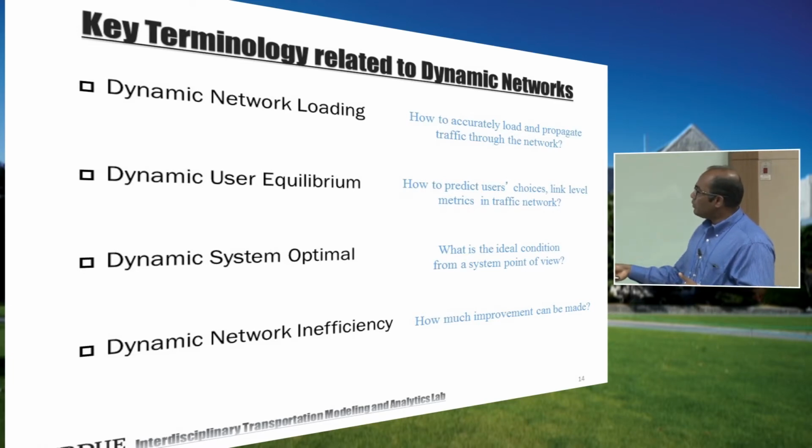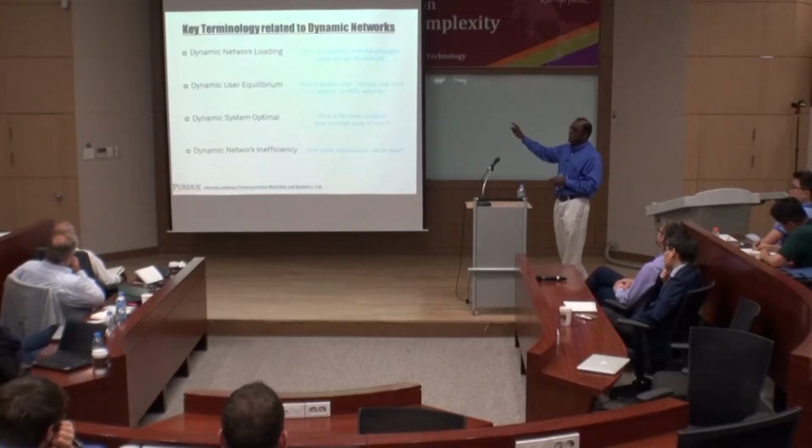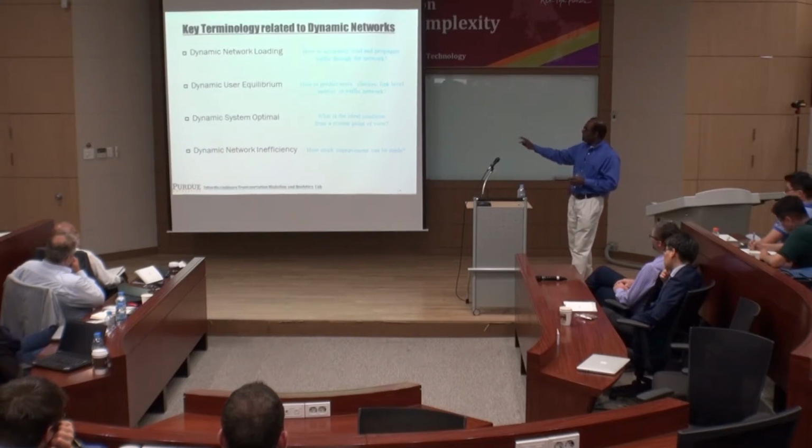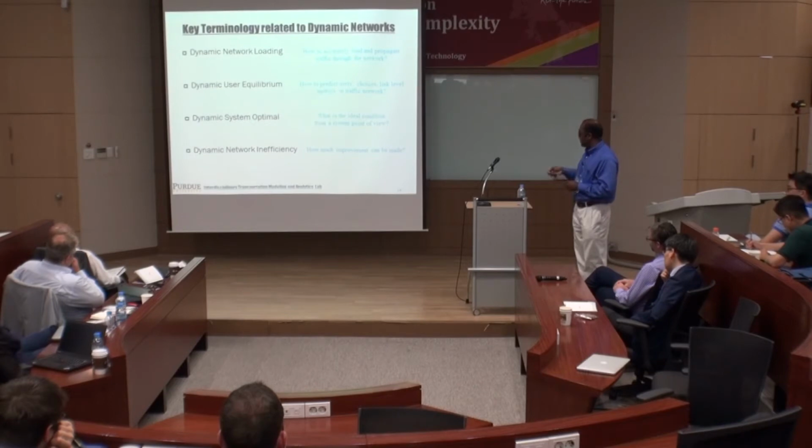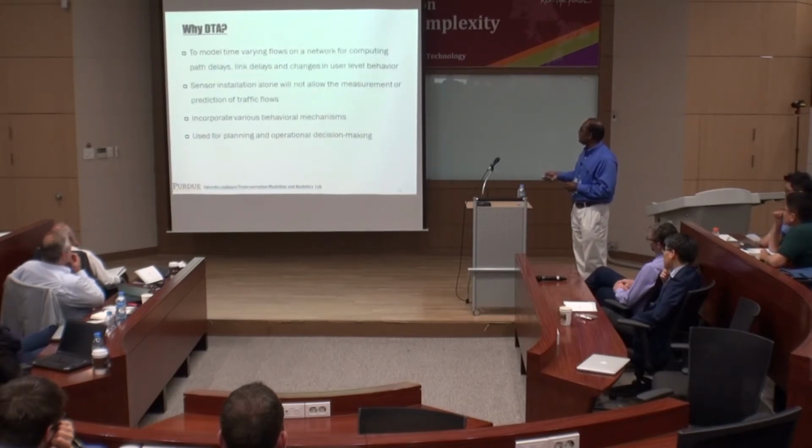And the other equivalent problem is you can look at the ideal or the global system state, which is the system optimum problem, and then you can also measure the dynamic network efficiency. So our research in the last 5 years has focused on looking at these 4 different problems, and there are a few advances which we have made in terms of modeling this dynamic flow in this network.